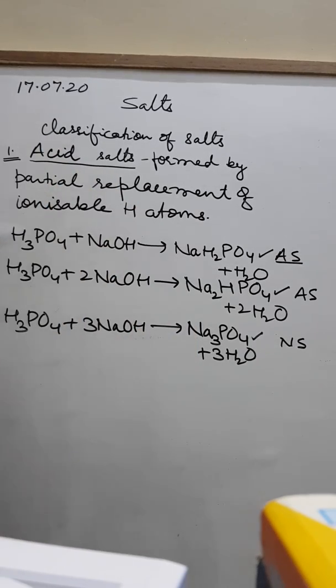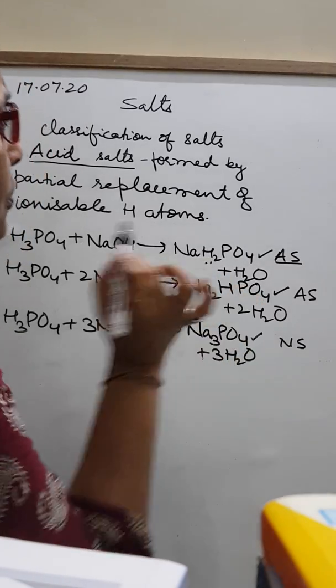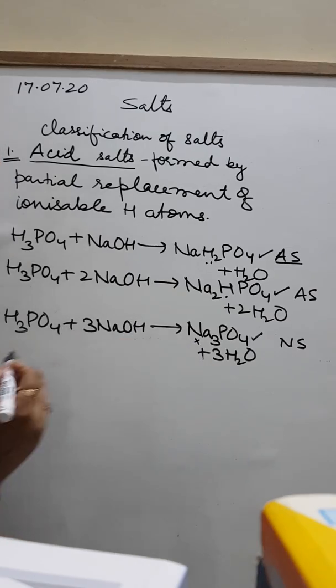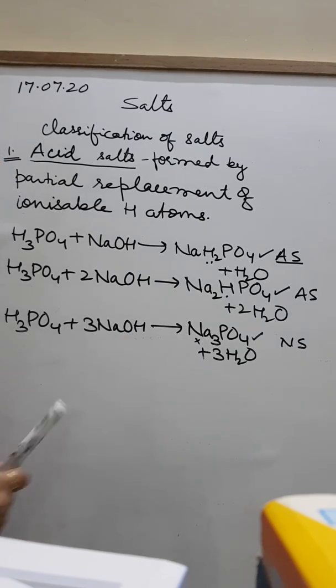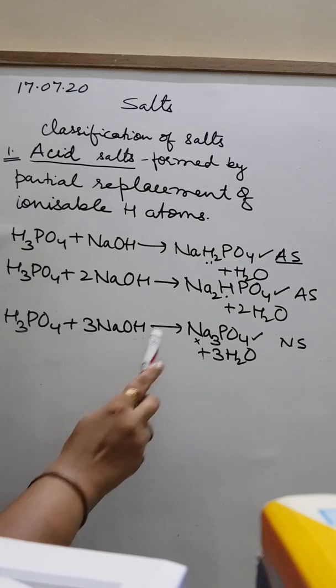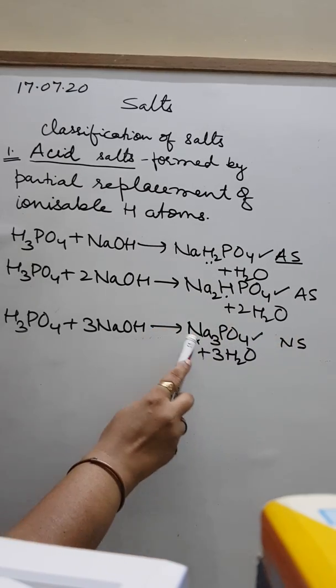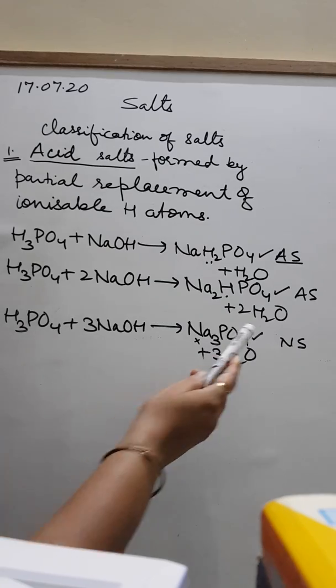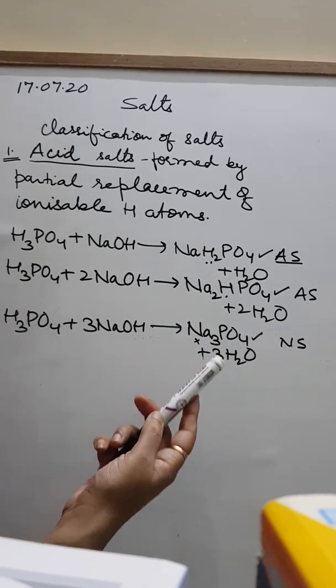And children, all these acid salts will have at least one replaceable H in their chemical composition. Like here it has 2, here it has 1, but here there is none, right? So this will be your acid salt, this will be your acid salt, but this is your normal salt, or call it neutral salt, but normally we call it normal salt.